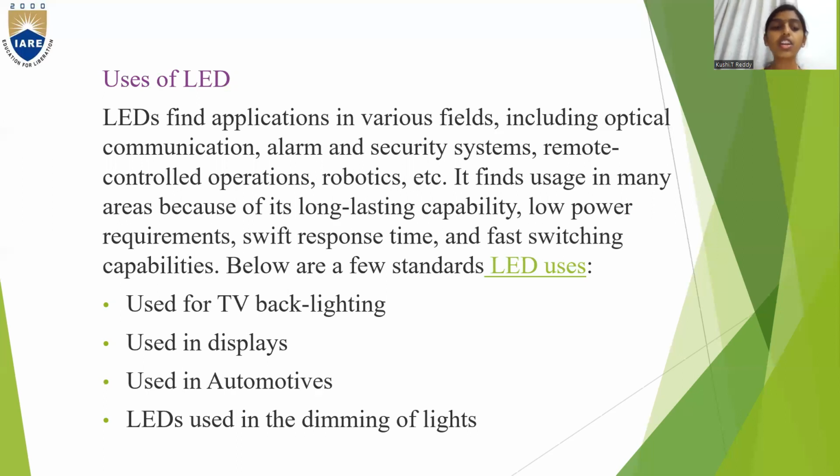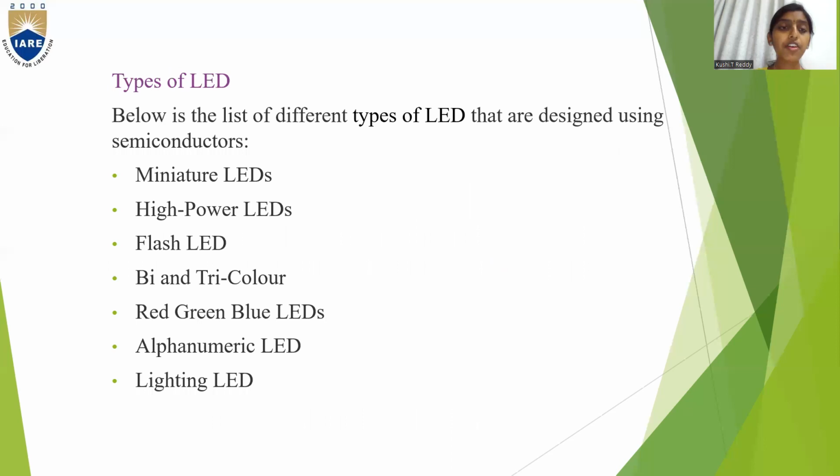It is used for TV backlighting, in displays, in automotives, and for dimming of lights as well. Types of LED: below is a list of different types of LEDs that are designed using semiconductors: miniature LEDs, high power LEDs, flash LEDs, bi and tricolor LEDs, red, green, blue LEDs, alphanumeric LEDs, and lightning LEDs.